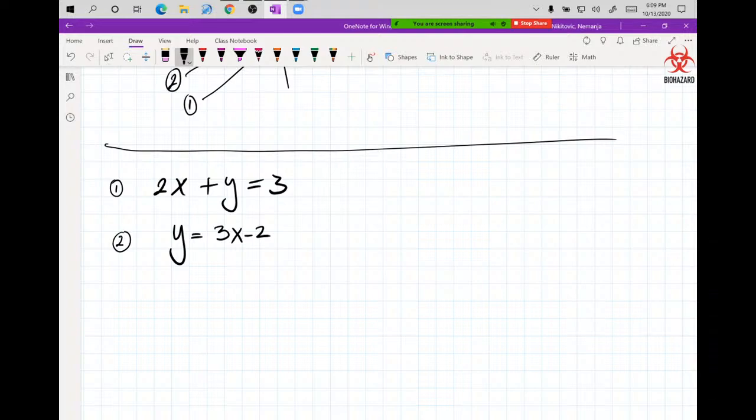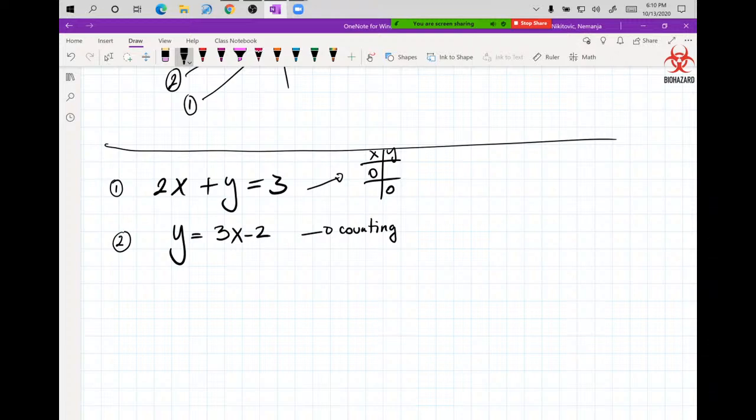The goal is to graph both of these lines on the same coordinate system and then see where they intersect. So the first one is again the x-y intercept chart, and the second one is basic counting, which was what we did last class.